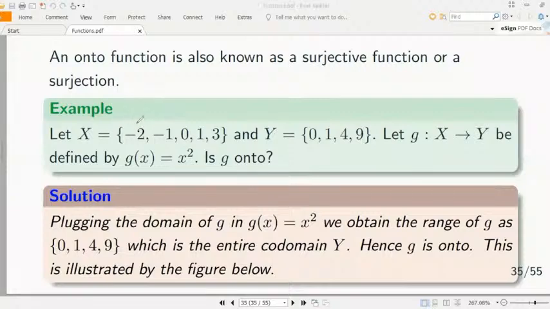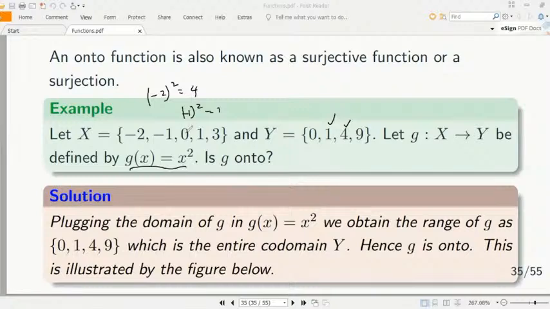Where is -2 assigned to? Using this definition, when I square -2, I get 4. So 4 has been assigned to. Where will -1 be assigned to? When you square it, you get 1. So -1 is assigned to 1. I'm squaring because of this definition.